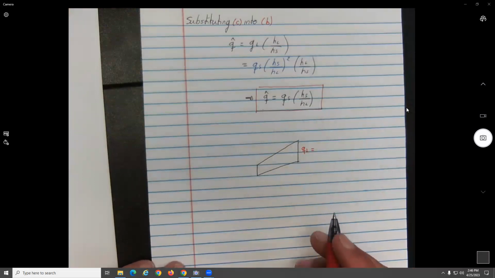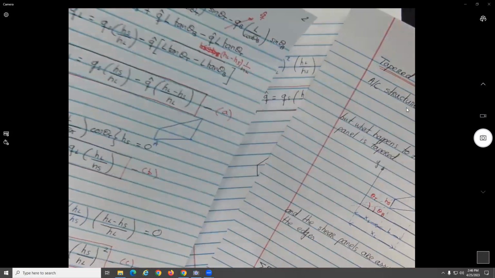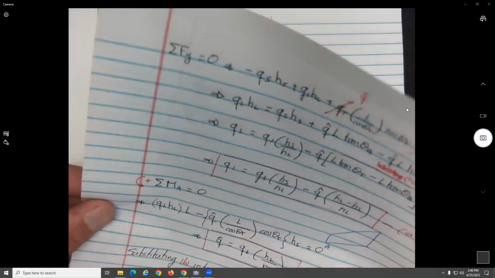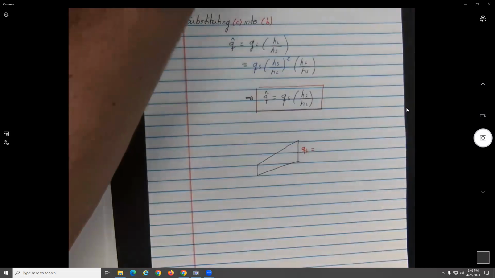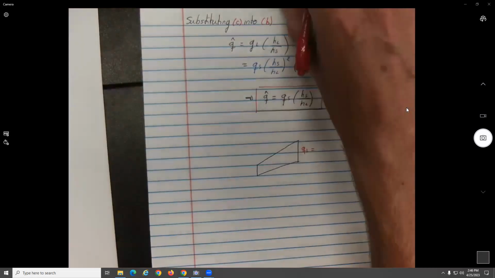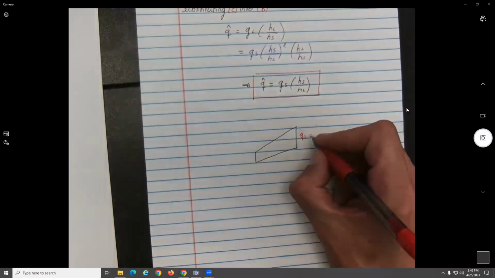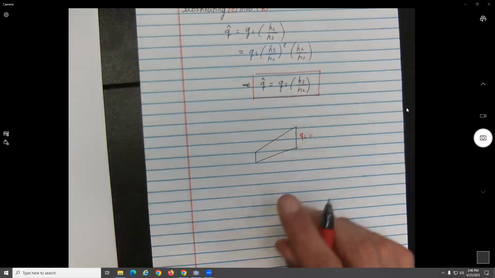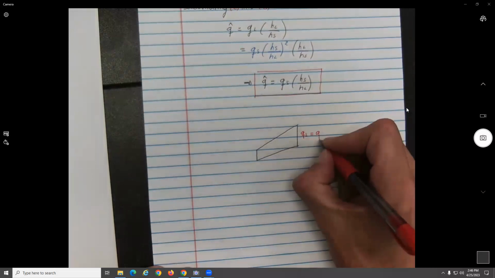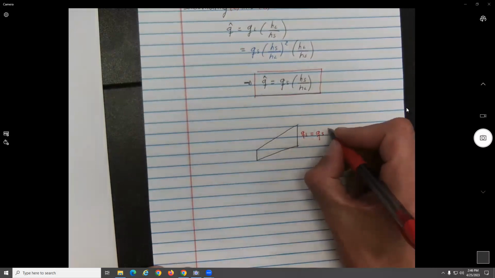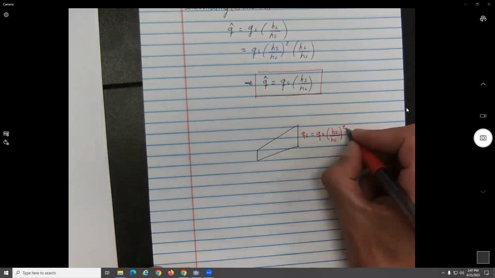We did on the page before. Basically, I want you to know that Q long will be equal to Q short of H short over H sub L squared.